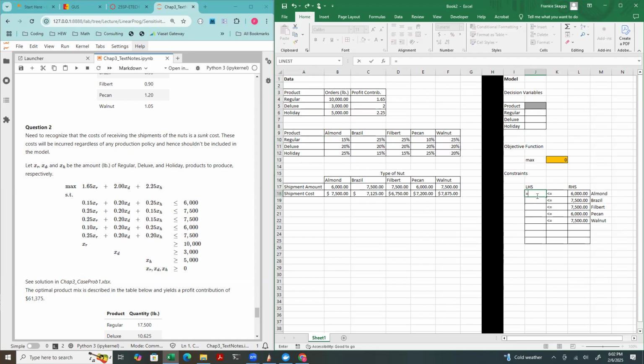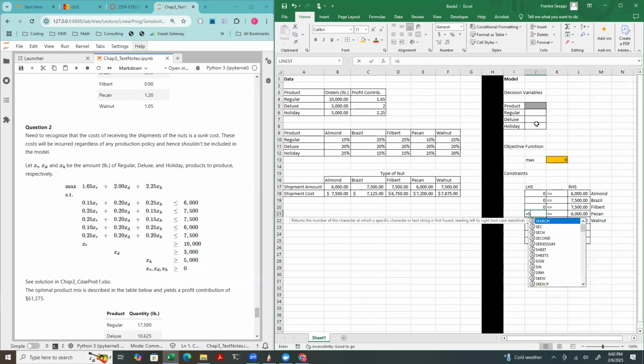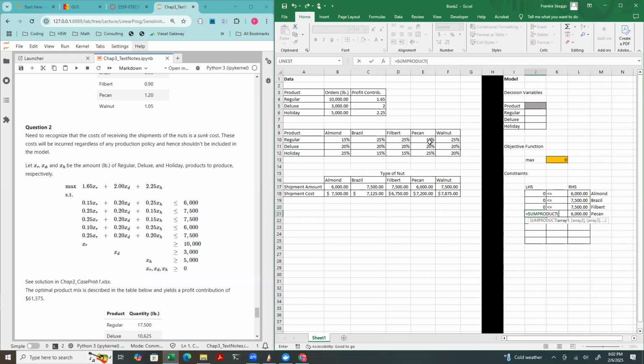So we'll have a few different SUMPRODUCTs here. This one for the almonds, that one for the Brazil, this one's for the filbert, the pecans, and the walnut. All right.